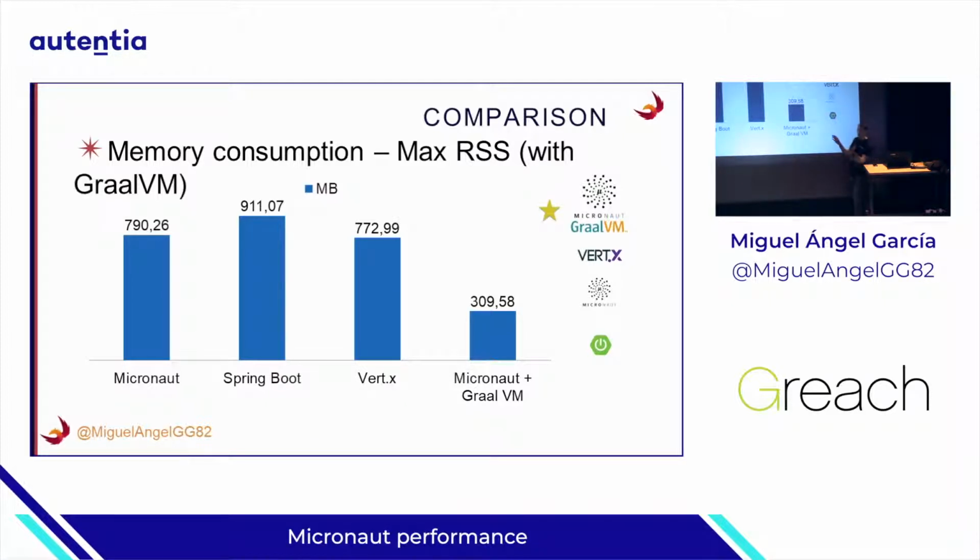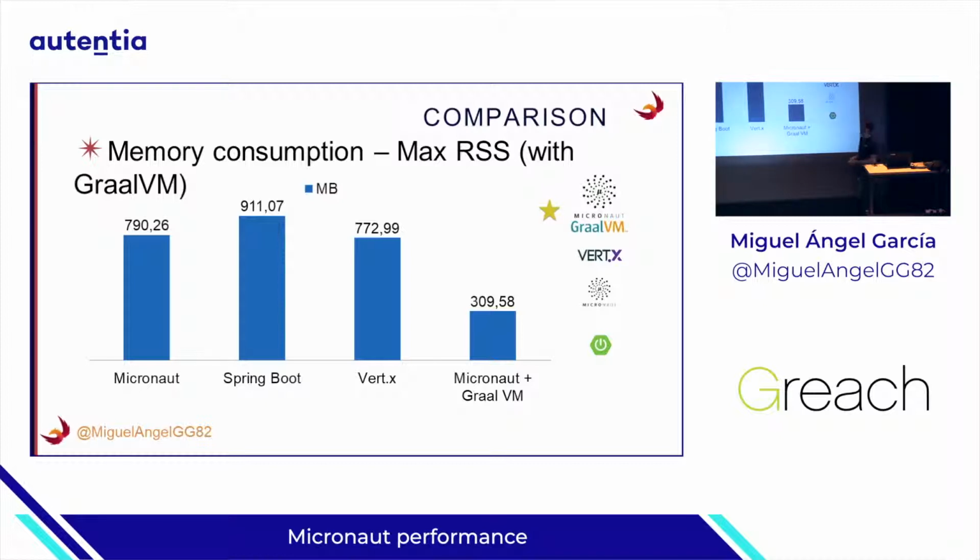This has, as I mentioned earlier, been taken manually, not with Prometheus. And here I compare the four options: Micronaut, Spring Boot, Vert.x, and Micronaut plus Graal.